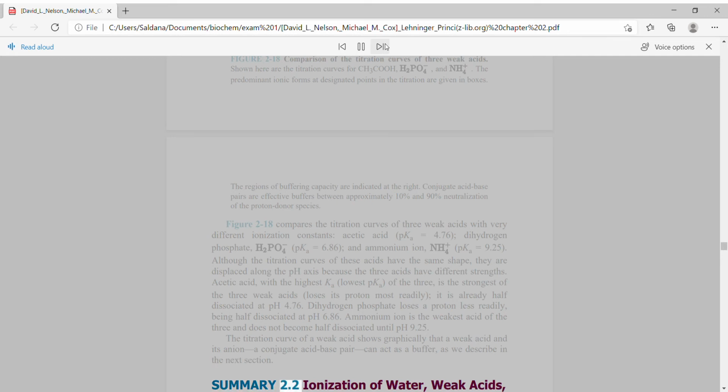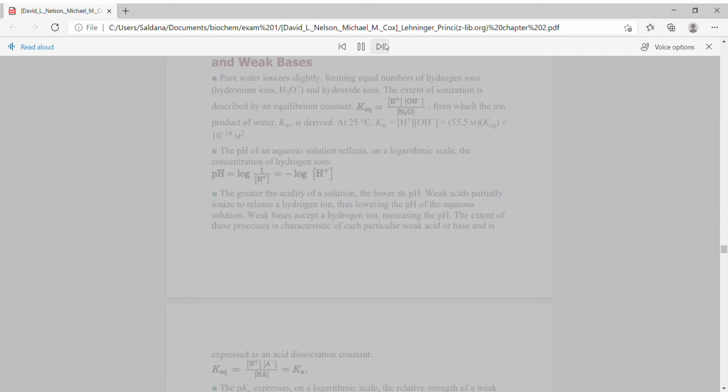Summary 2.2: Ionization of water, weak acids and weak bases. Pure water ionizes slightly, forming equal numbers of hydrogen ions, hydronium ions, H3O+, and hydroxide ions. The extent of ionization is described by an equilibrium constant from which the ion product of water, Kw, is derived.